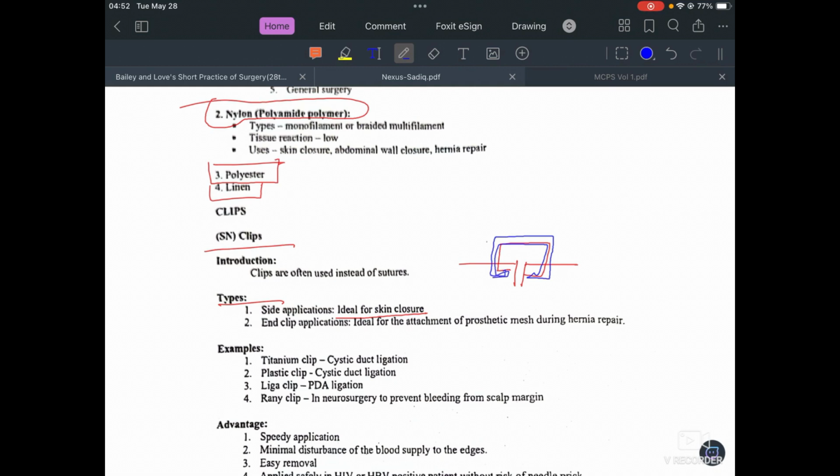In clip application, ideal for attachment of prosthetic mesh during hernia repair. So there is actually a tacker in clip application.